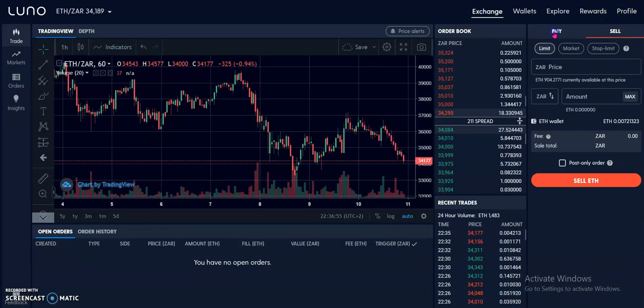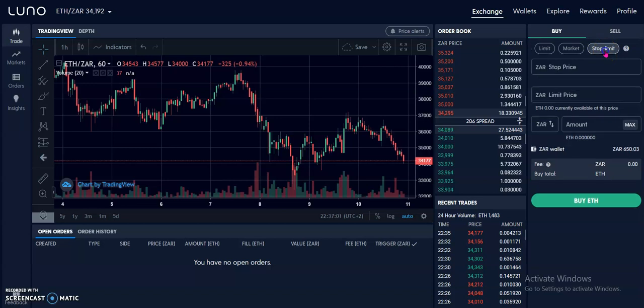I'm going to look at a buy order, a stop limit buy order today. So let's click on the stop limit tab. It is a little bit more intricate than the market order and the limit order. So basically what it is, it's an if-and-but scenario, and it's programming in our order for certain eventualities.